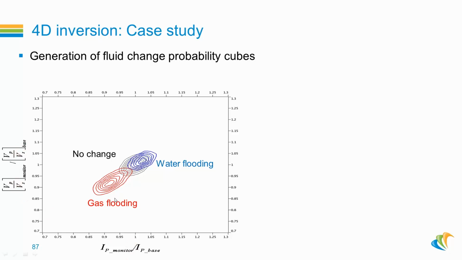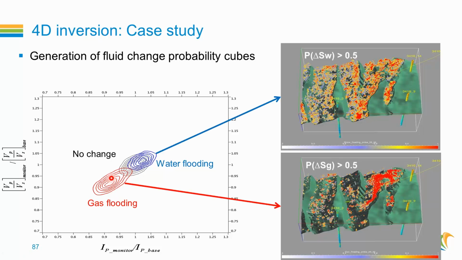So if it is gas flooding, you can calculate the probability of having gas flooding, which is changes of the gas saturation of more than 50%, and you can identify those. Or for another case, water flooding was also ongoing, and they were able to find the probability of the areas where the variation of the water saturation was more than 50%.